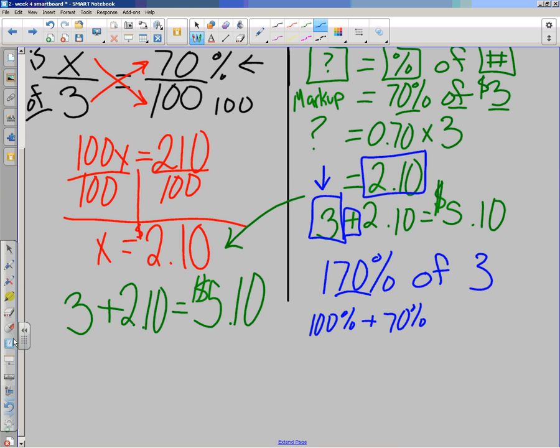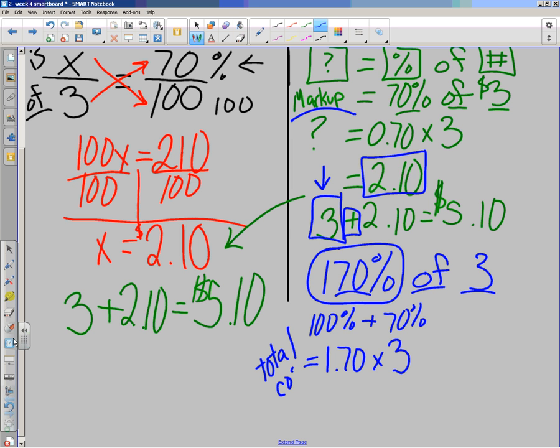Now all I have to do is turn my percent into a decimal. So this 170% becomes 1.70. Of is multiplication, and then I have my 3. And that is going to equal not the markup like I had there, but the total cost, because it has taken into account the cost of the shirt and the cost of the markup.